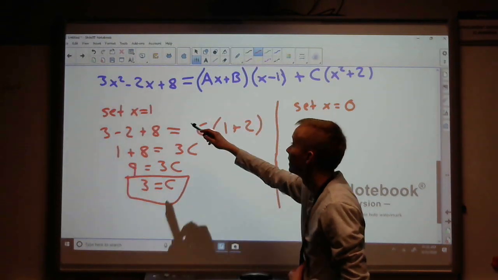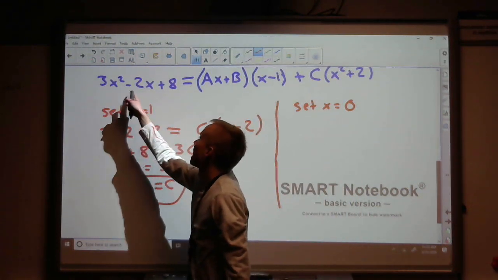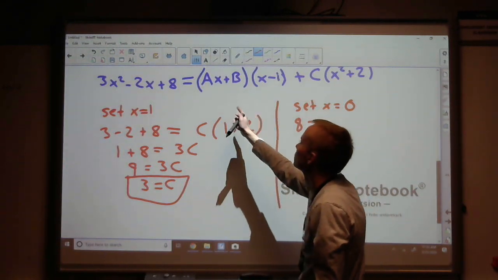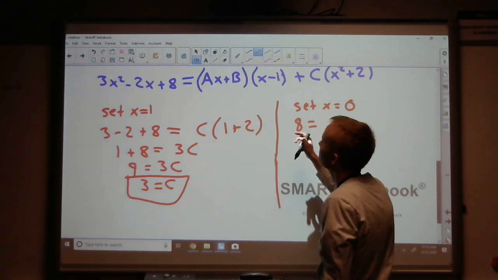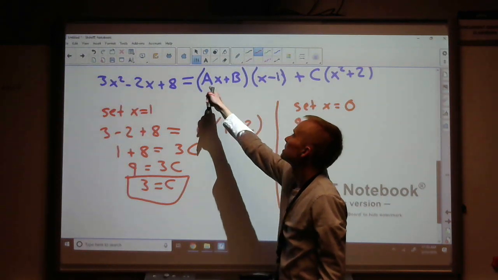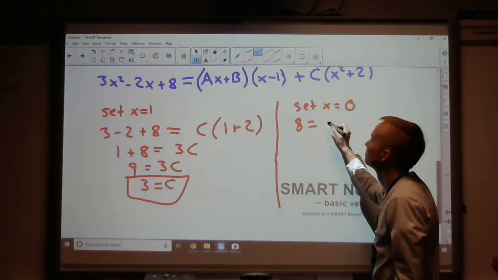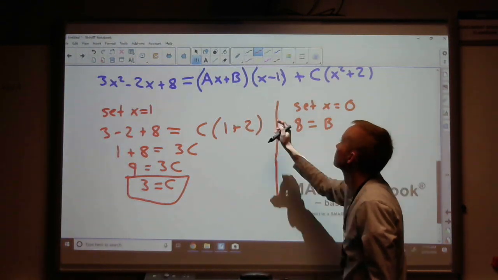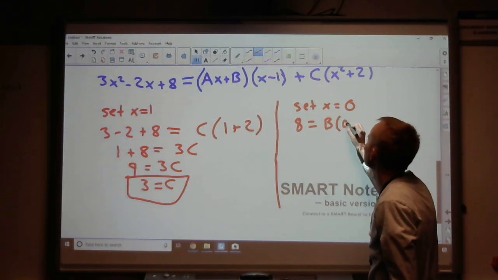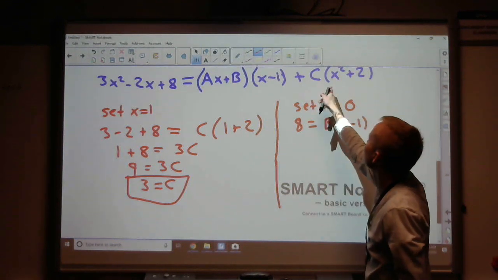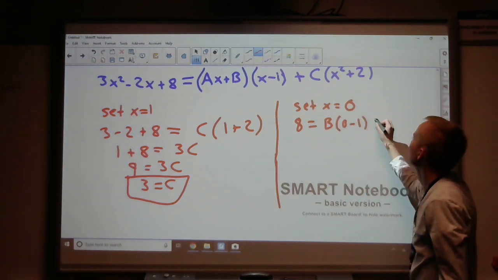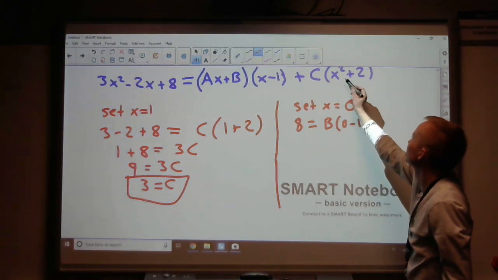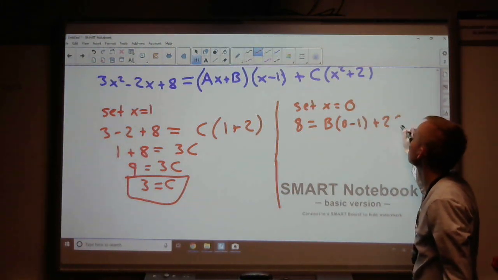When I do that, these guys cancel out, and I just get 8 is equal to 0 times a, which is 0, plus b times 0 minus 1, and then plus 0 plus 2 is 2, 2c.